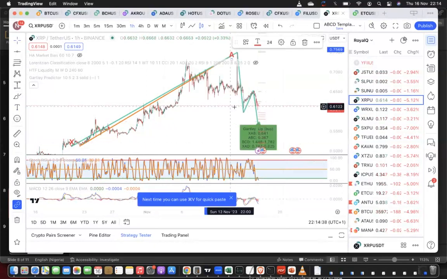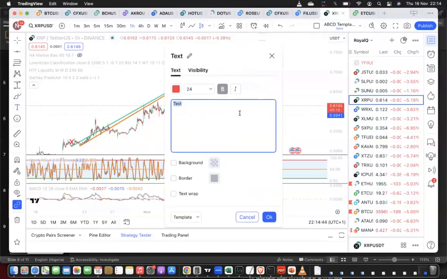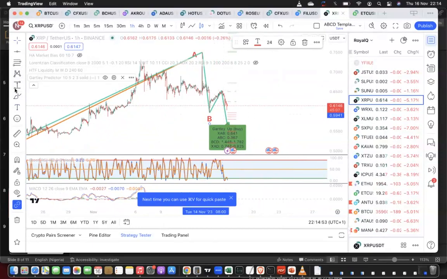That's point A, and this here is point B. Just want to make it clearer. There is point B, and here is point C.